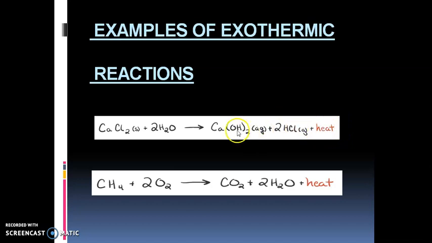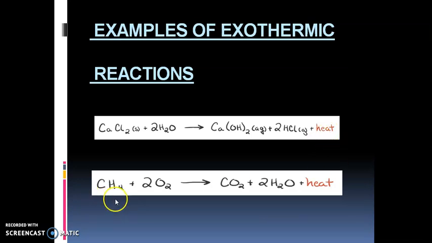We know that exo means out, outside, or to release out. So whenever heat energy is released out from a reaction, this is an example of an exothermic reaction. So this heat, whenever it is written at the side of the head of the arrow, shows that it is a product and is released out at that time.